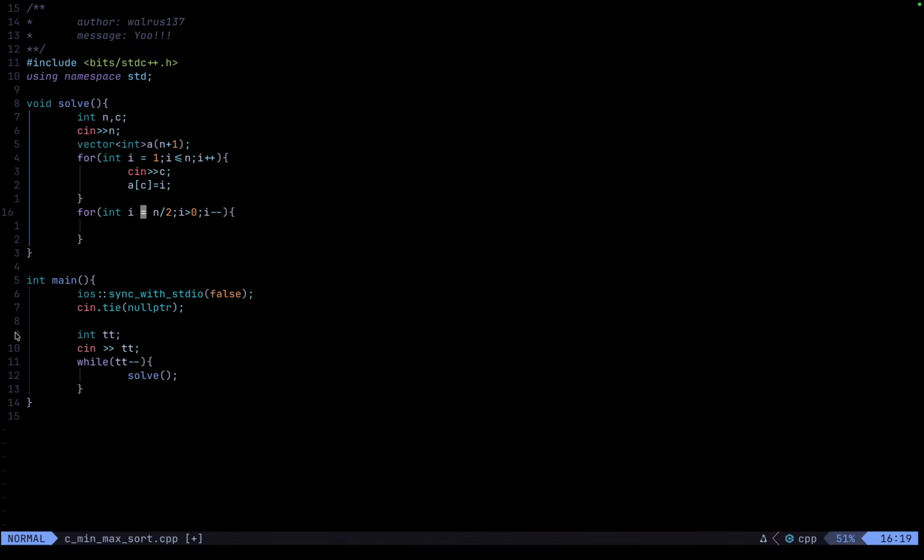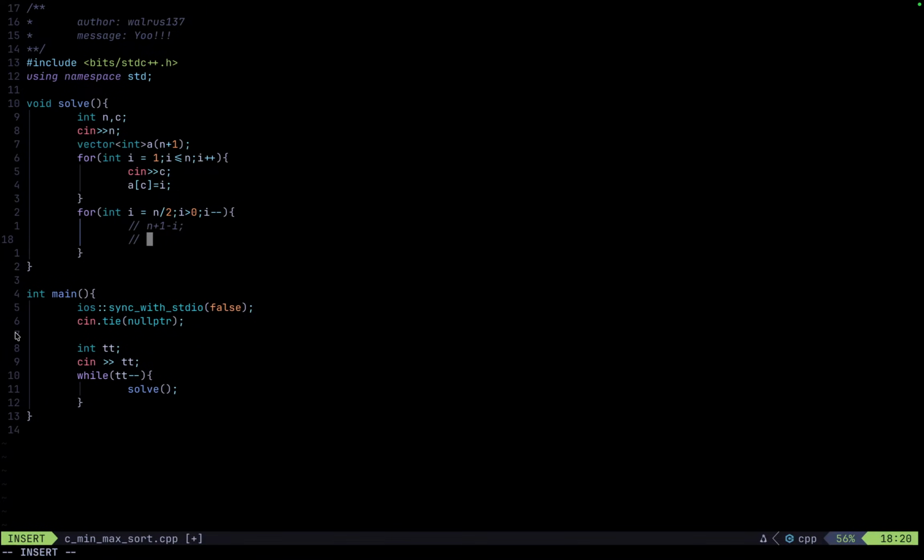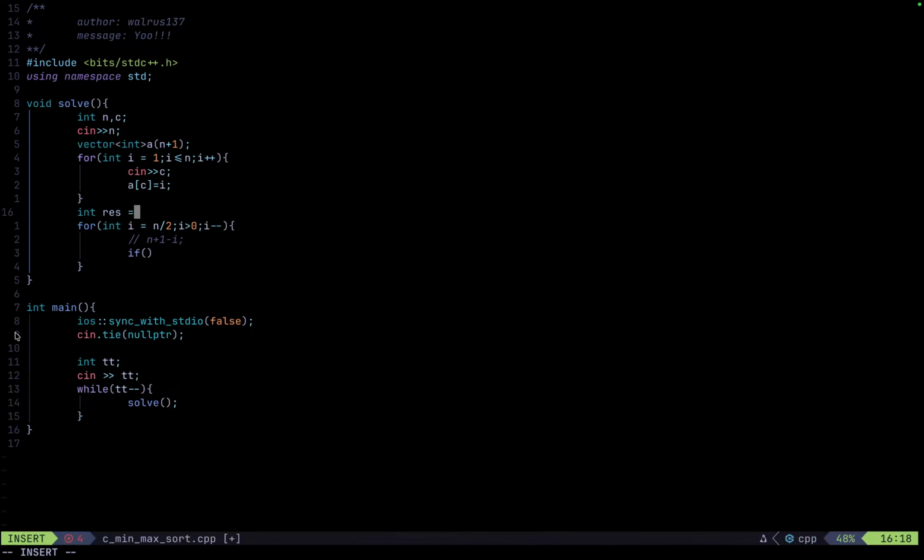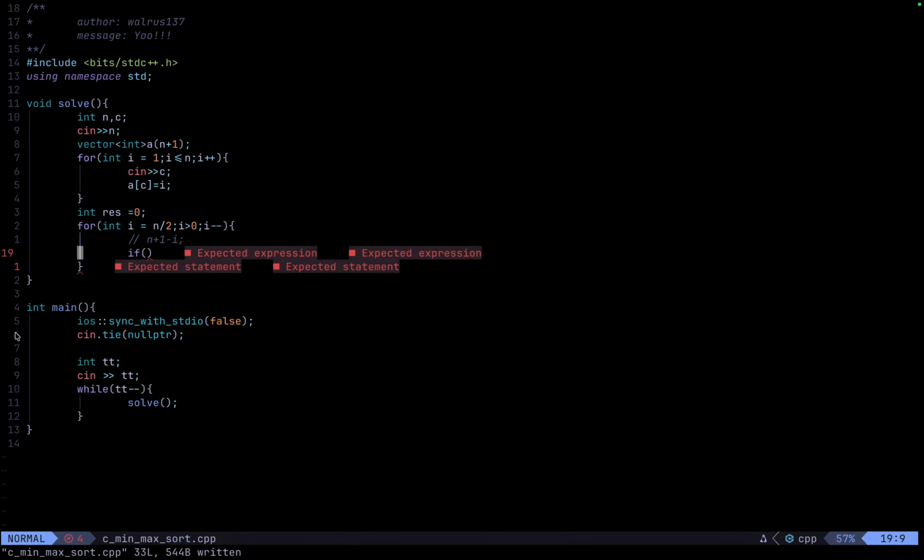Right, if i is at one end, then the number at the other end would be n plus 1 minus i. Right, we have to check their order. Also res equals 0 initially.